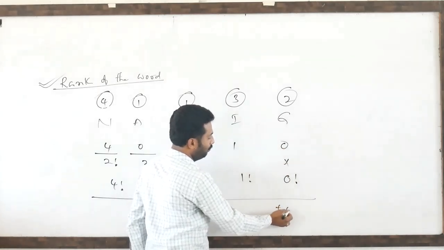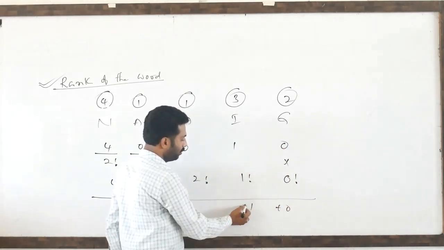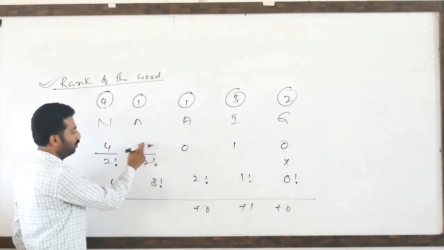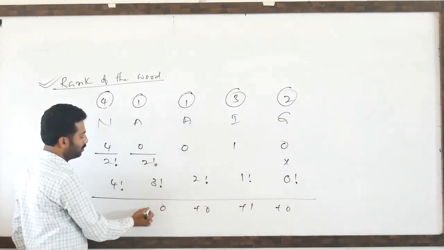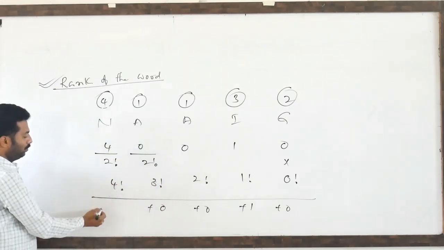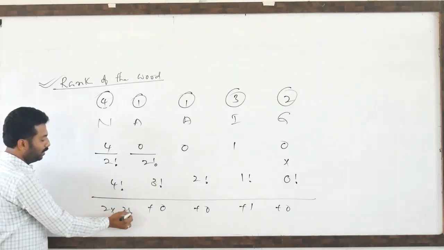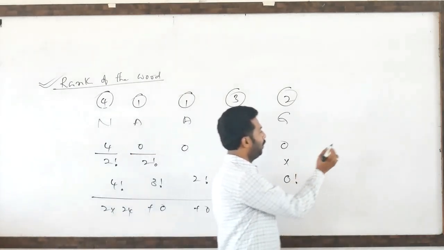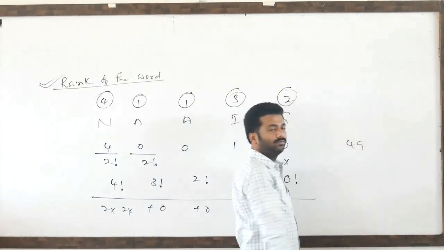Multiply these two, 0. This is 1, 0 into 2 factorial, 0 by 2 factorial means 0. Into 3 factorial means 0. This is 4 by 2, which is 2, into 4 factorial, that is 24. 48 plus 1, 49.